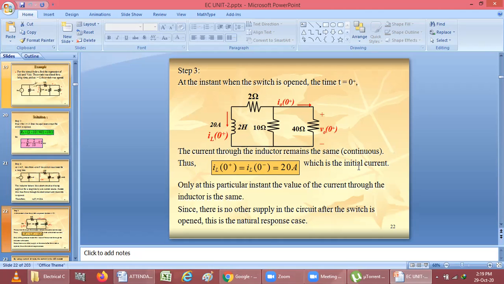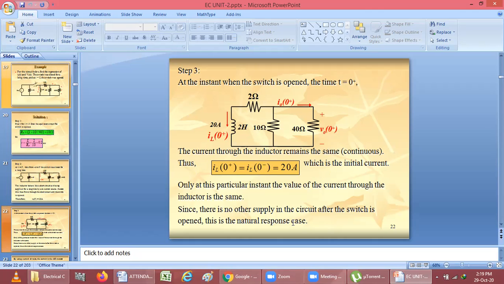So here it is the initial current. Only at this particular instant the value of current will be the same as that flowing through the inductor. There is no other supply; they have given only one current source.